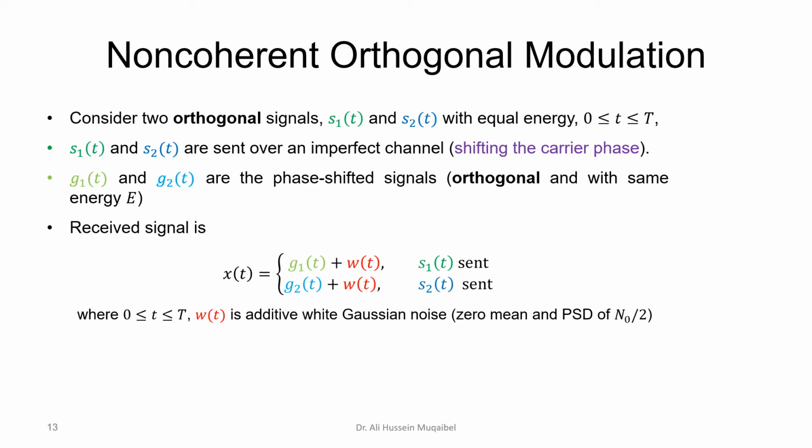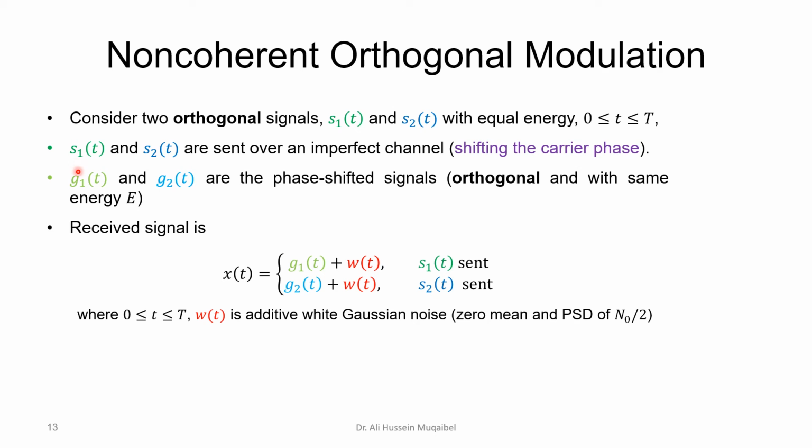Consider two orthogonal signals, S1 and S2, each of which has equal energy for the time duration from 0 to T. The two non-coherent orthogonal signals are sent over an imperfect channel. We have to assume that the channel is imperfect, otherwise we always have coherence. So there will be some shifting in the carrier phase.